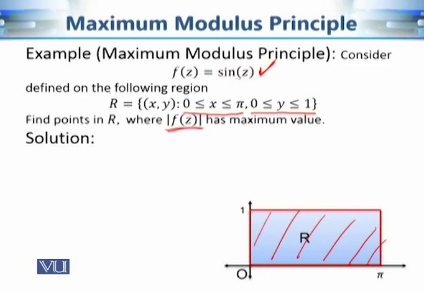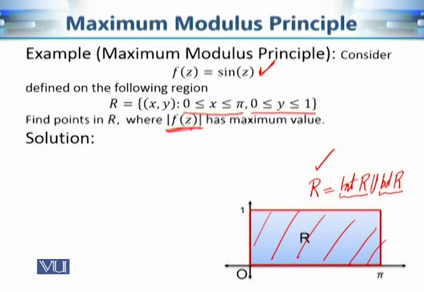Secondly, it should be continuous on all of this region R. Region R is basically the interior of R union the boundary of R. So it should be continuous on this whole set R. If this happens, then according to the maximum modulus principle, the maximum only exists at the boundary of this region.